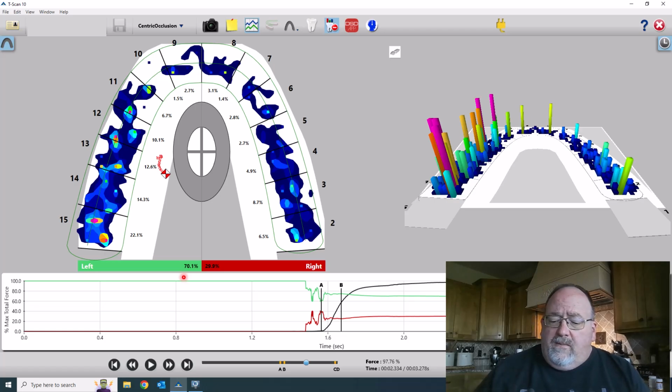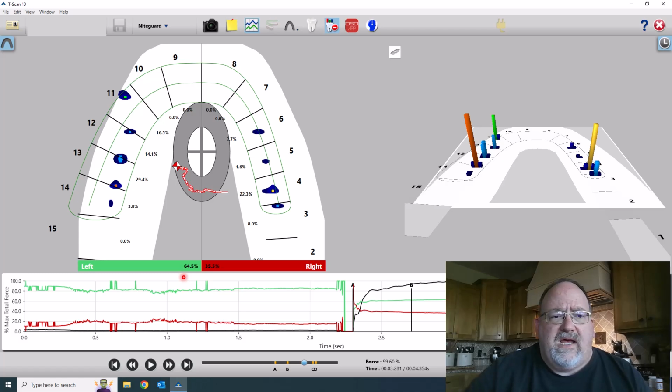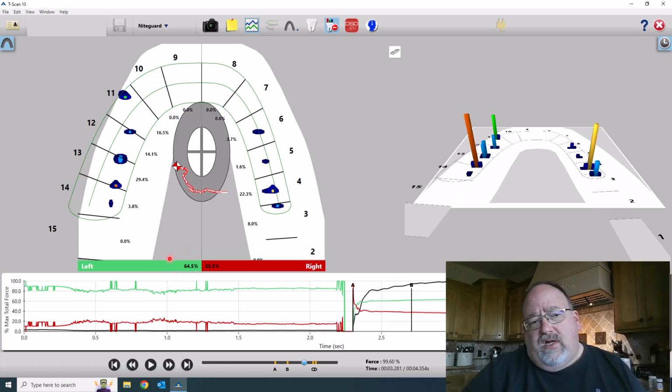On this particular patient, one of the dentists he went to built a splint for him. I had the patient bring the splint into the office because I wanted to measure it too. This is how the data reads on the splint, and you can see that there's still 65% of total bite force on the left side. The patient said, well, it's really not helping me at all.